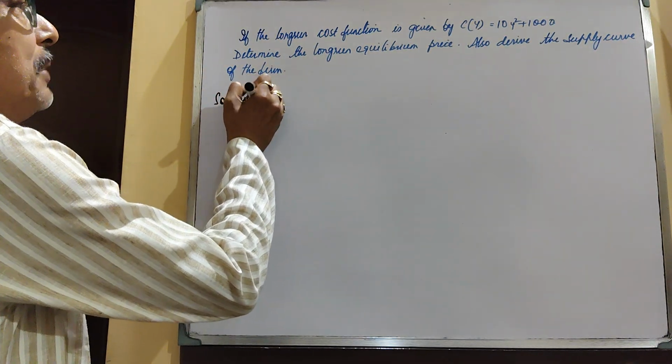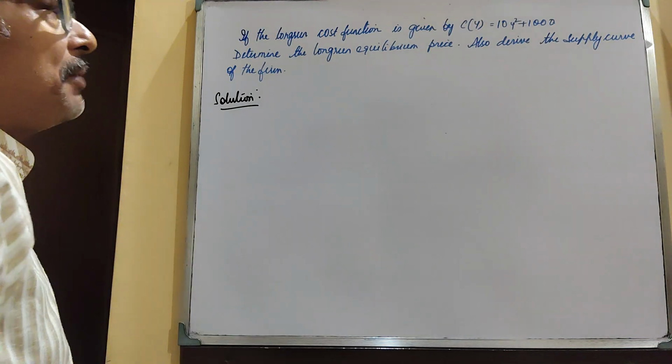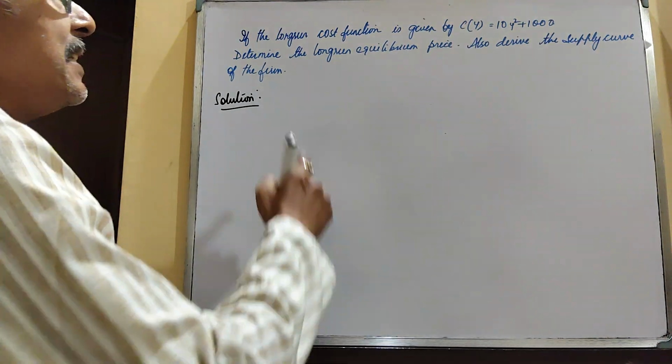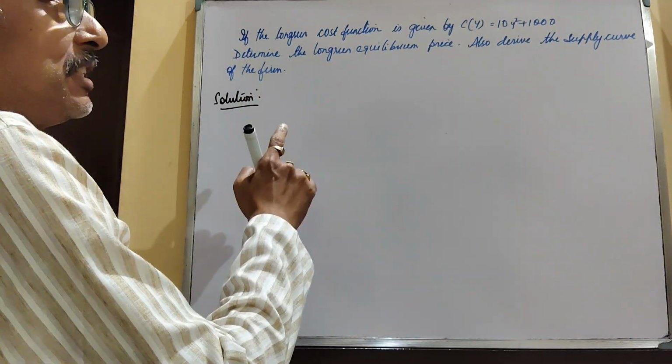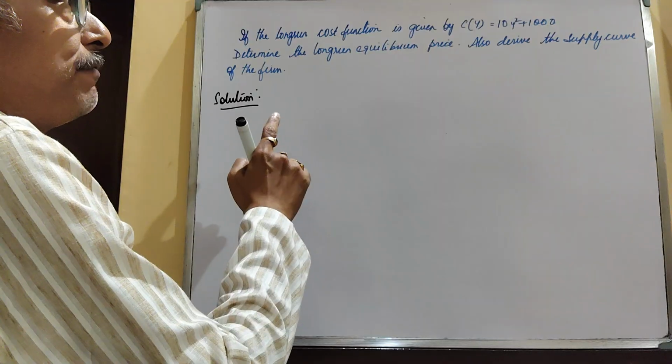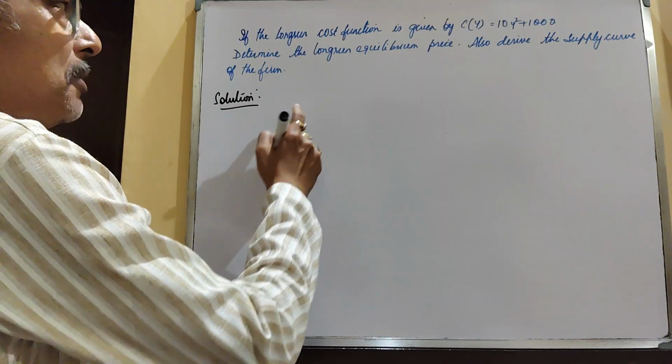Now how to determine the long run equilibrium price? This is a question from the chapter perfect competition.